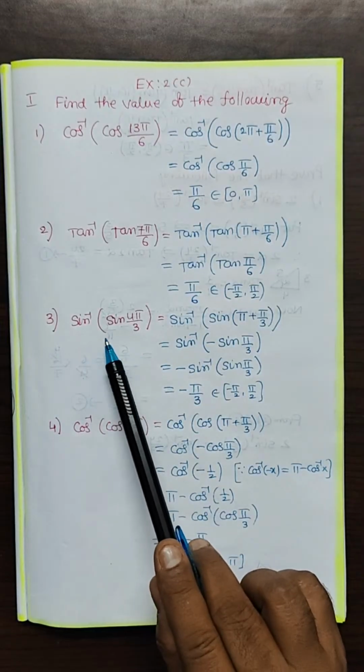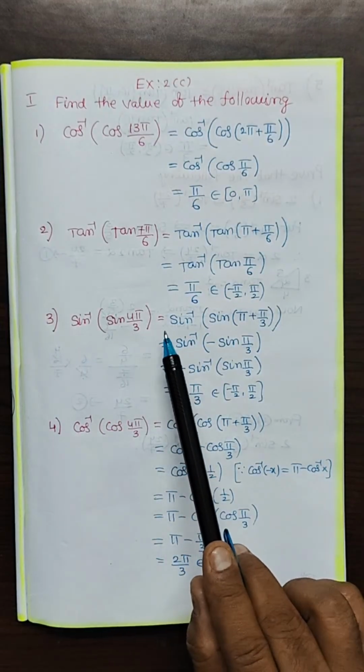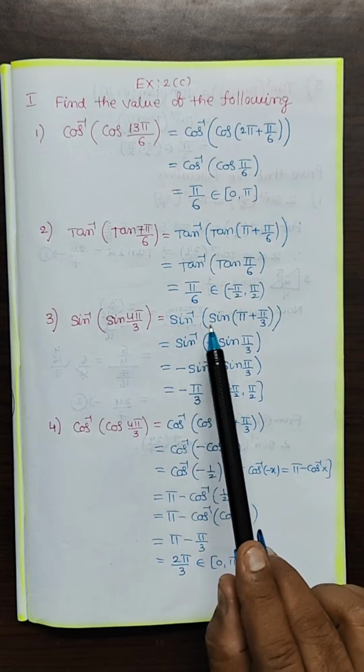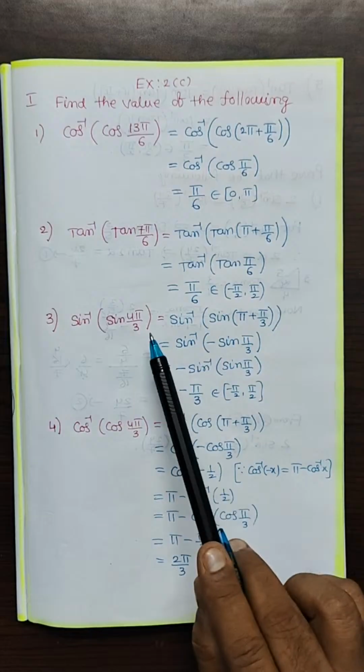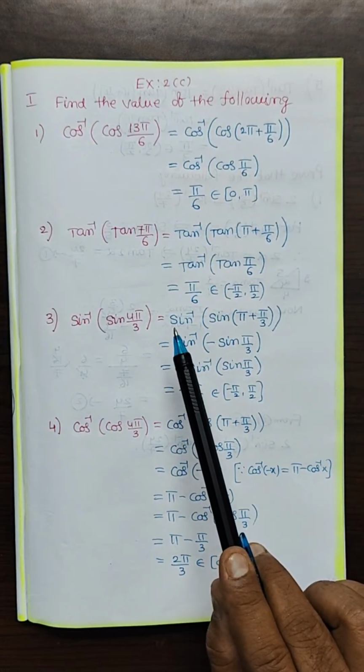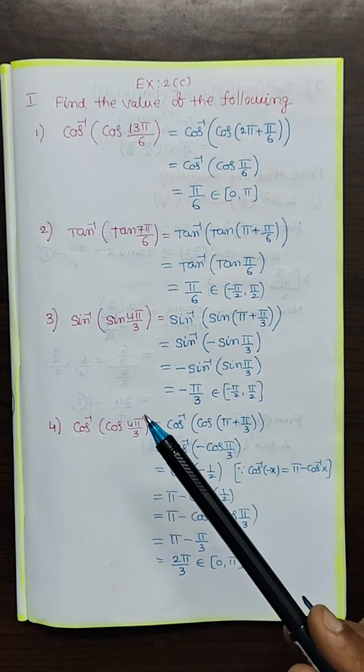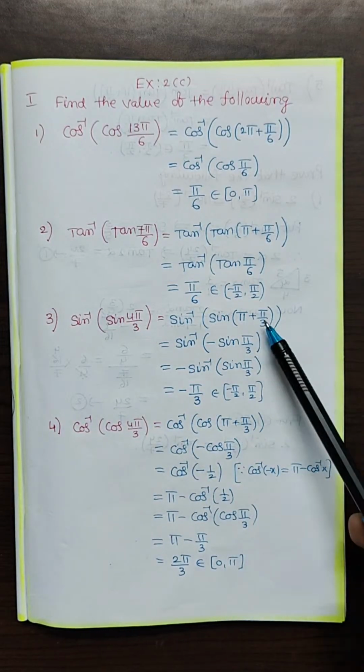Sine inverse of sine 4 pi by 3 can be written as pi plus pi by 3.